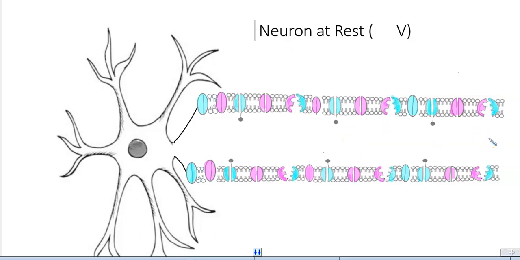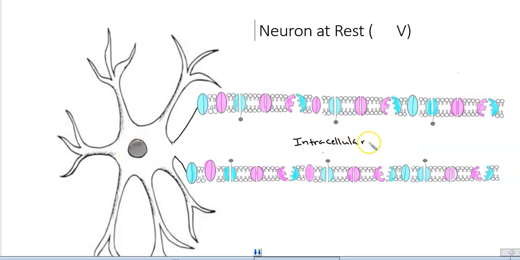So we're going to talk in terms of extracellular fluid and intracellular fluid. Inside is intracellular fluid. That's inside of the axon, or inside of the cell.